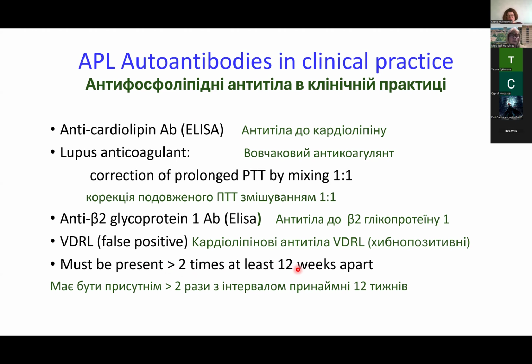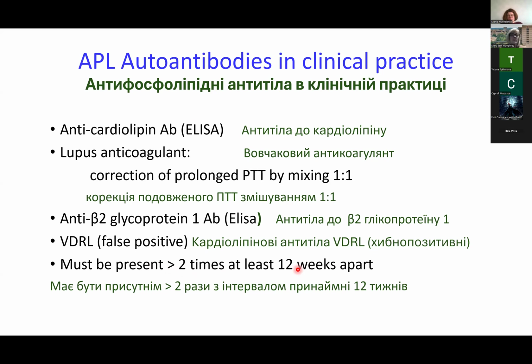But there are some very good researchers in this area that follow thousands of patients with antiphospholipid syndrome, and they check their antibodies every time they come to clinic, which could be 2 or 3 or 4 times a year. And there are some patients whose antibodies are always positive.